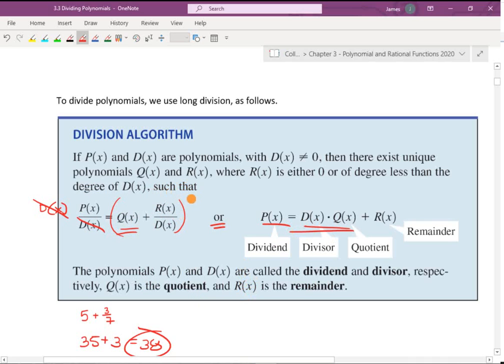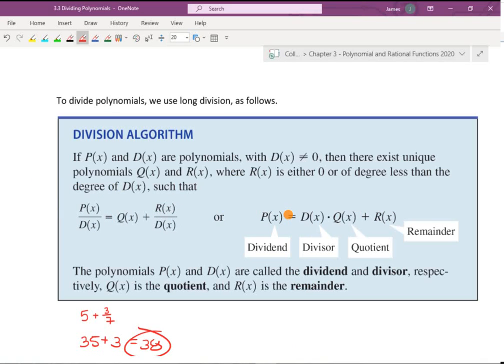If I multiply the right-hand side by d of x, do those cancel again, leaving me just r of x? Does that make sense to everybody? So these two structures are identical. They're the same thing. One is solved for p of x over d of x, and one is solved for p of x. And we're going to be asked to bounce back and forth between both of them. As we go through our examples, we'll obviously see that.